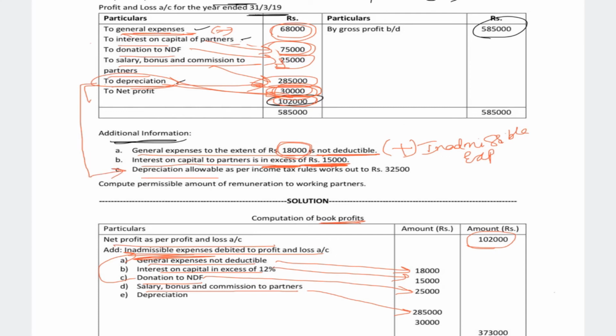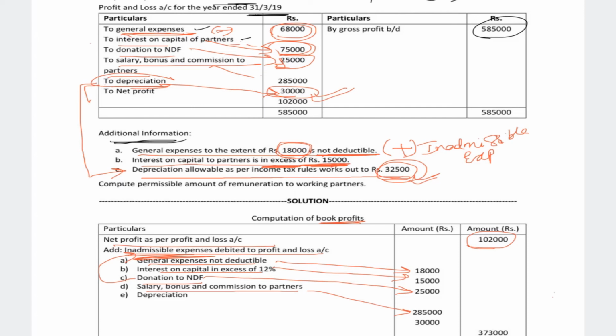Depreciation allowable as per income tax rules works out to 32,500. So here in the problem we have 30,000 depreciation, but they have told us 32,500 is admissible. So the difference value will be treated as allowable value.